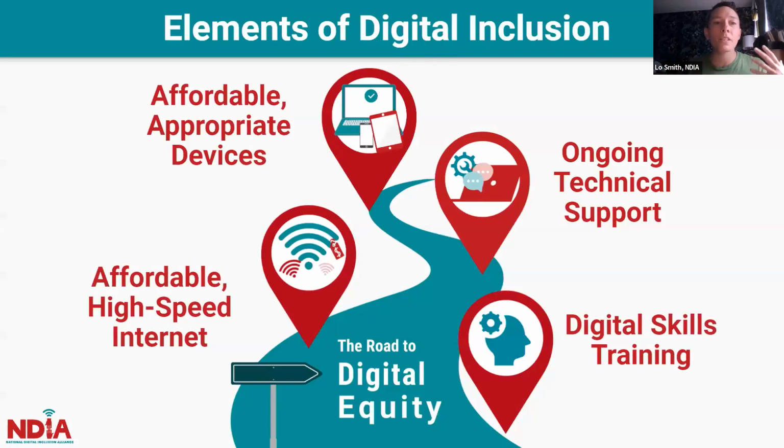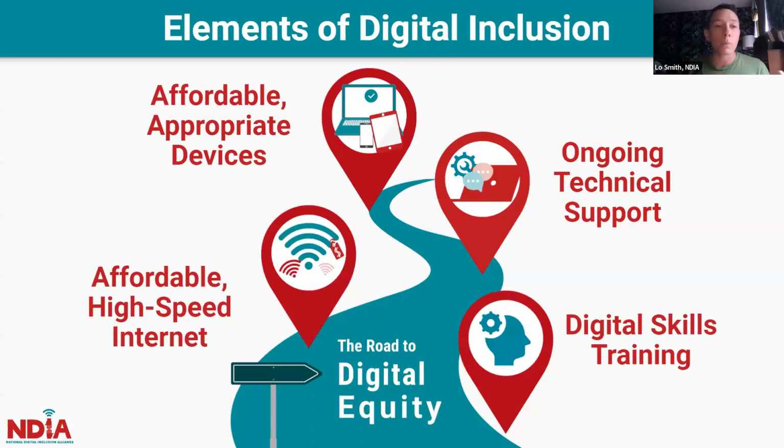And when we're thinking about some of these elements of digital inclusion, we know there are a lot, but specifically the ones that we're going to be touching on today are just going to be these four. And it's truly the road to digital equity. These are our building blocks. We're talking about affordable and appropriate devices for our community members, that ongoing technical support that makes those devices useful and makes them valuable to our community.